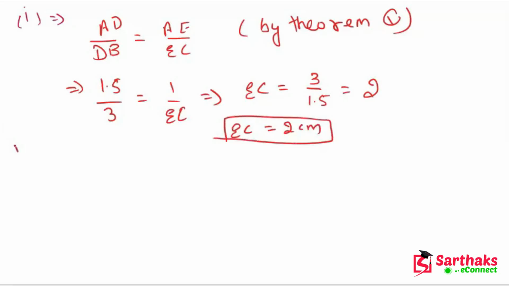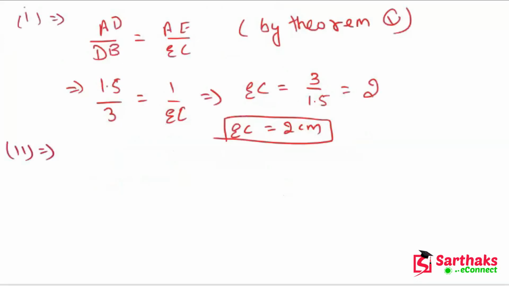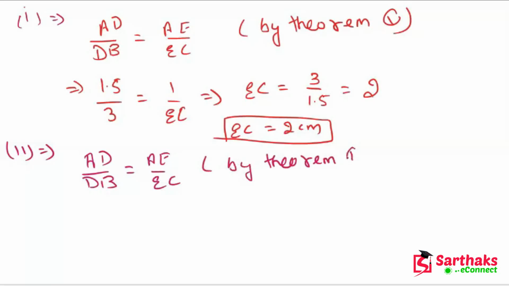Now the second case is, in this case again DE is parallel to BC. Now we have to find AD. Again by theorem number 1 we can write AD upon DB is equal to AE upon EC, same again by theorem 1.